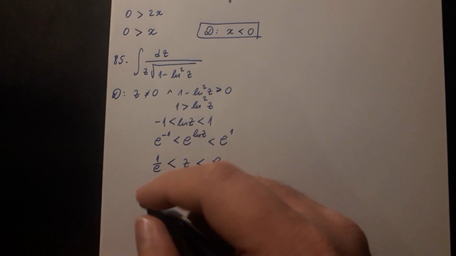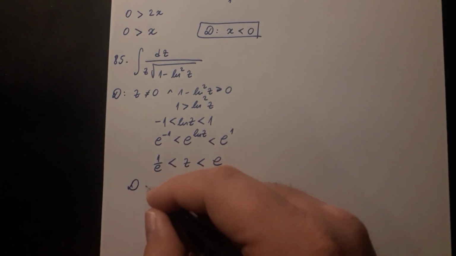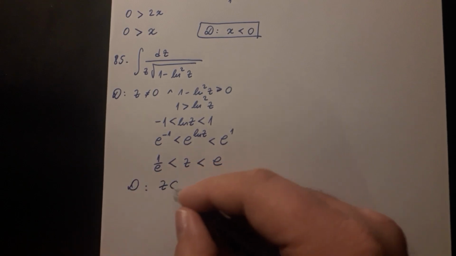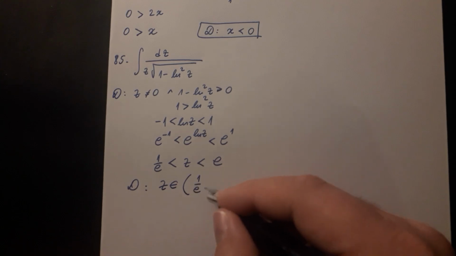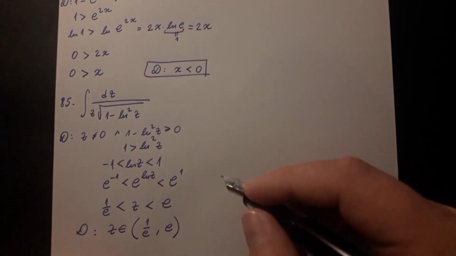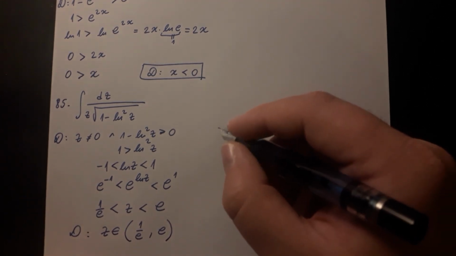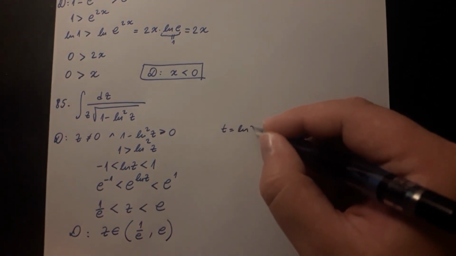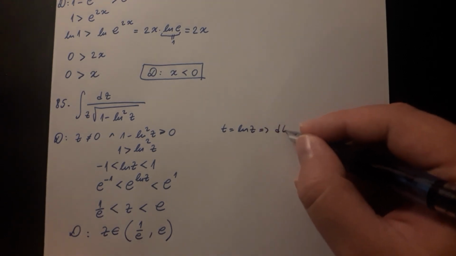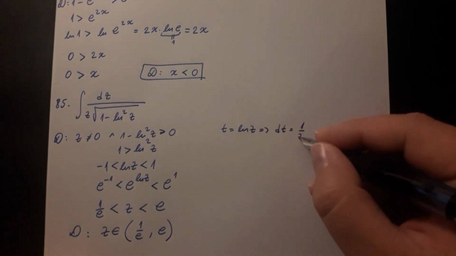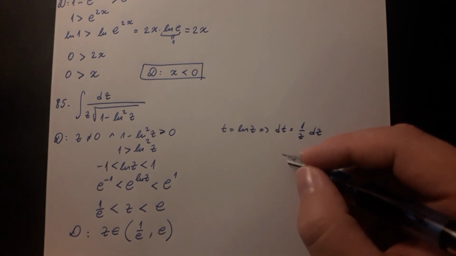The area in which this integral is defined is for all z's which are from the interval from 1 over e to e. We can introduce a substitution that t is equal to ln z, and that means that differential of t is equal to 1 over z differential of z.